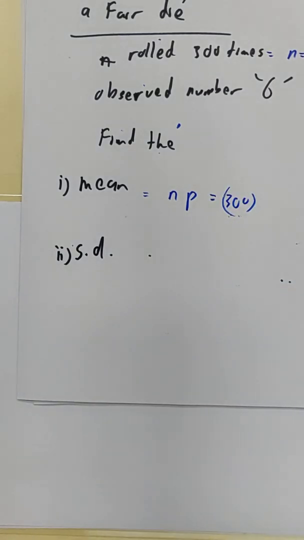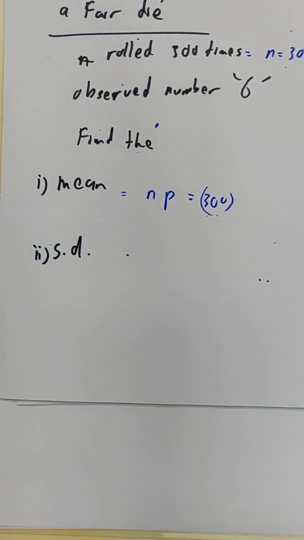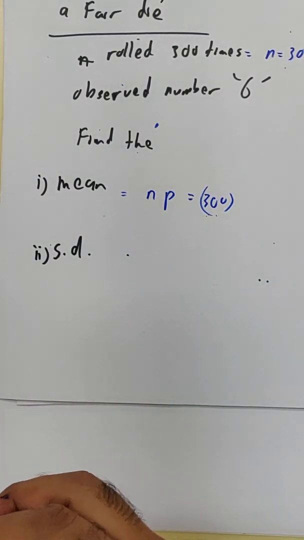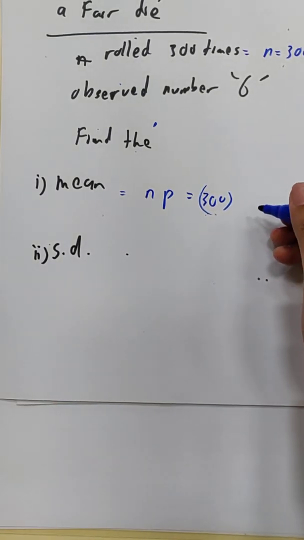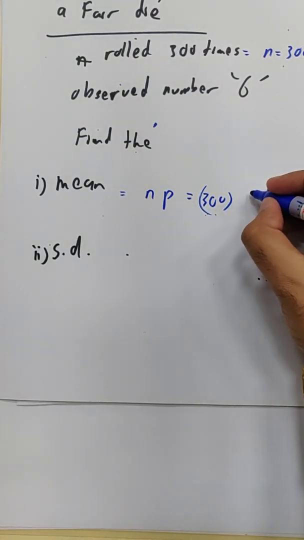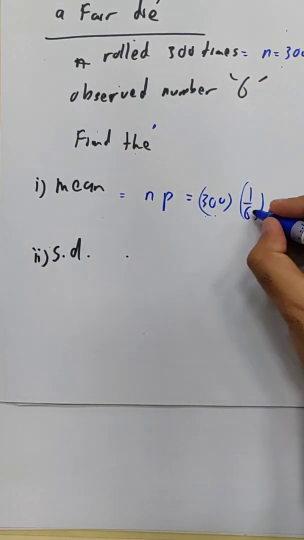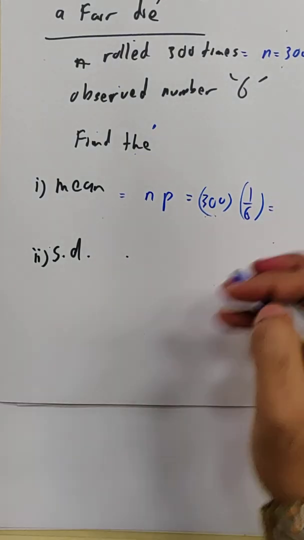P is 1/6. 0.6 for number 6 is very high. So you get yourself 41.67.